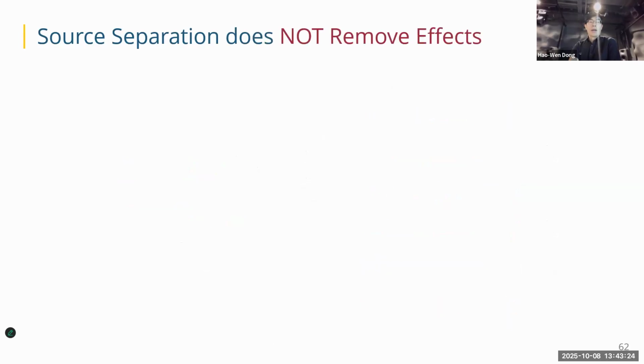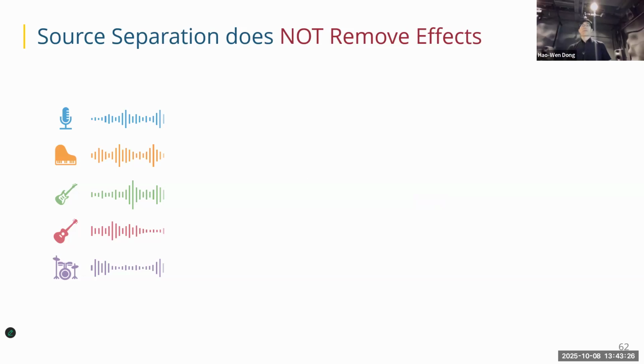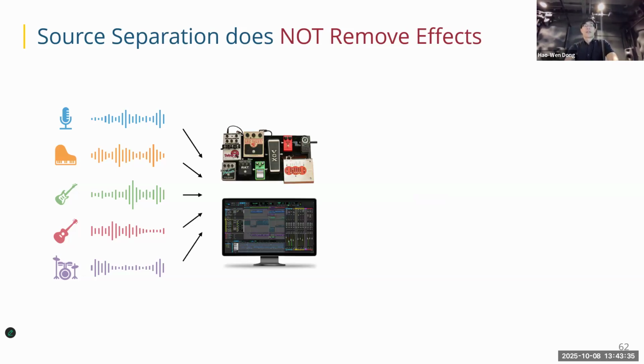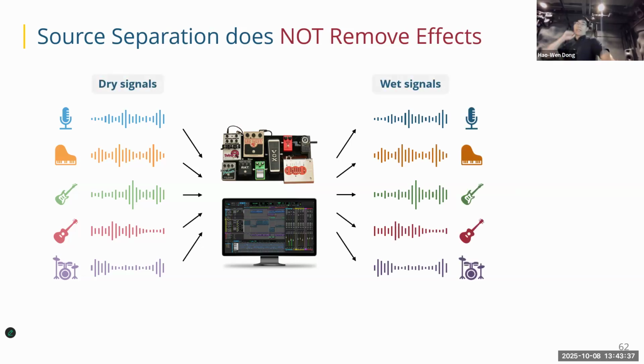separation. So one thing to notice is that source separation does not remove effects. That's a common myth, kind of. You always get those wet signals out from these source separation models rather than the dry signals. A dry signal is like when you record a guitar or the vocal close to the microphone, and then you will apply some reverb, things like that.